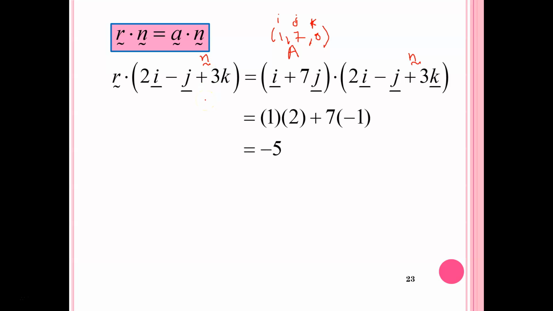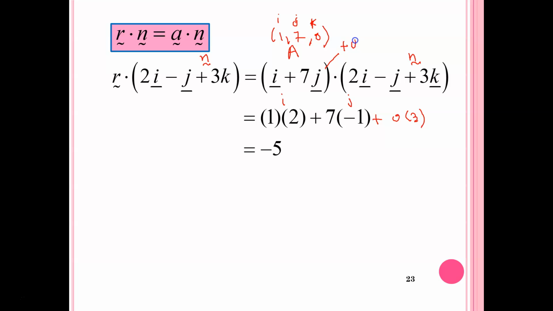So what happens next is you multiply the coefficients. Here there is 1, here there is 2. So 1 times 2, coefficient for i. This one is coefficient for j, 7 times negative 1. Plus, at the back there is no k because it is 0. You can write it down if you want: 0 times 3, plus 0k.